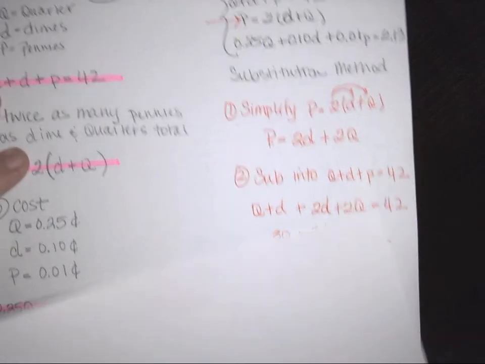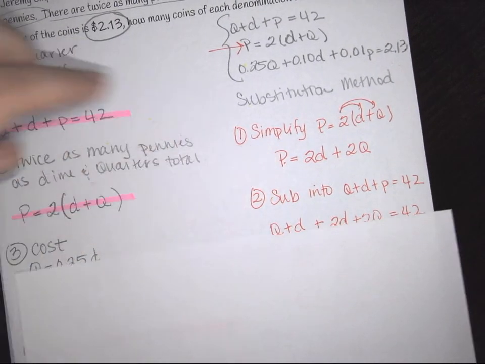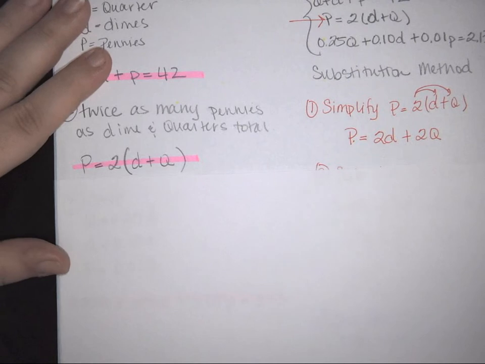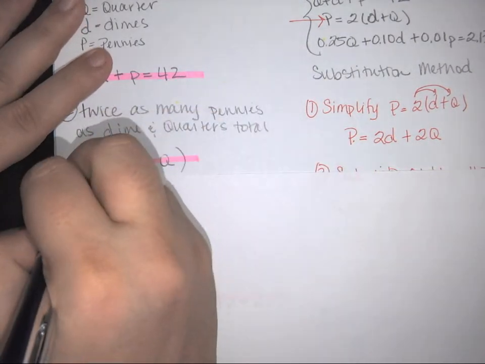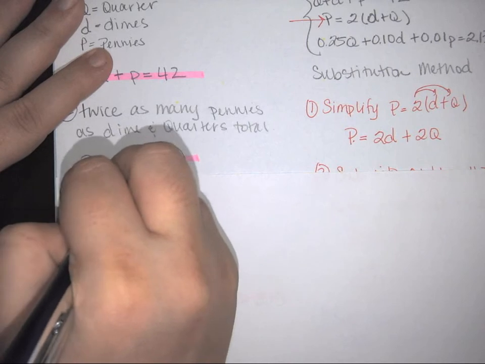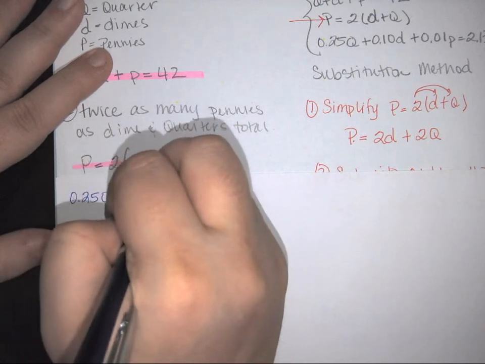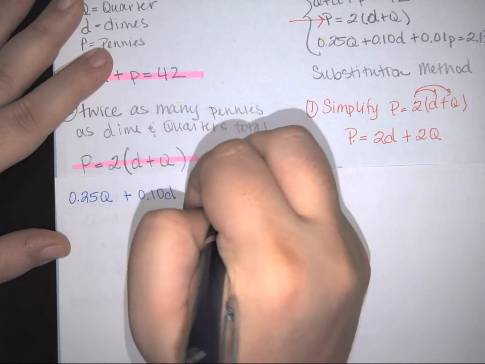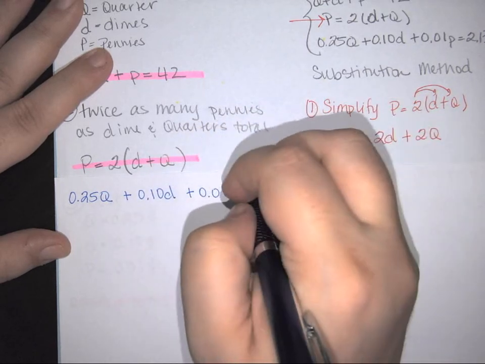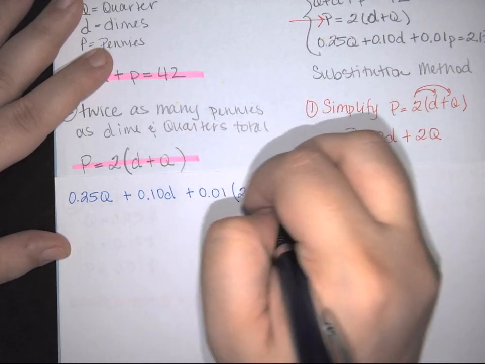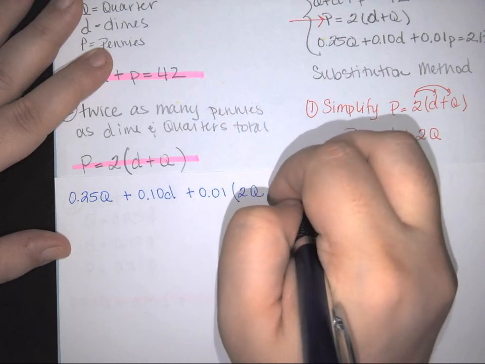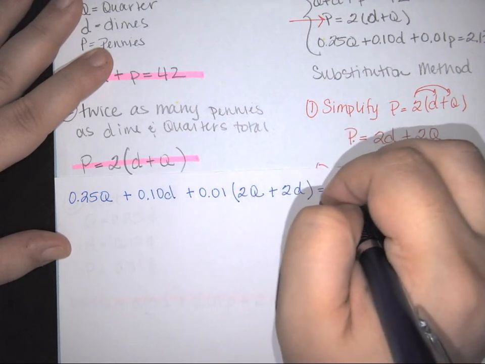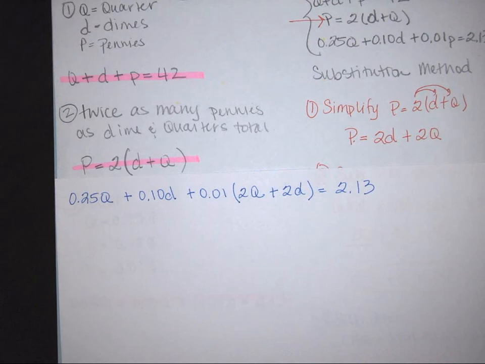And what I'm substituting in again is going to be my P. So here, what we're going to do is we have 0.25Q plus 0.10D plus 0.01 times 2Q plus 2D equals 213. And that is substituted in.